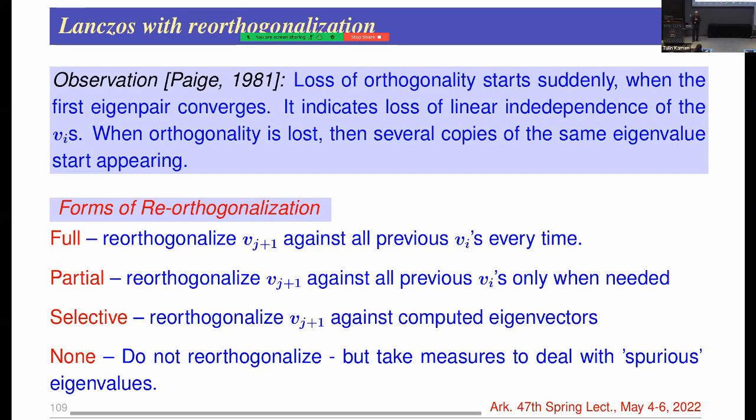But really, when it comes down to implementations, I would just use full reorthogonalization. Don't worry too much about it, because you gain very little with partial reorthogonalization. You start losing independence at some point, but that point is quite early very often.